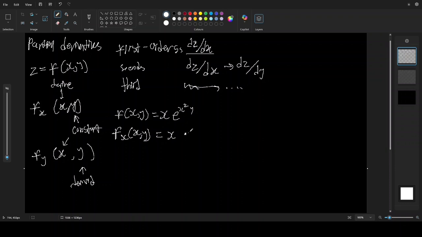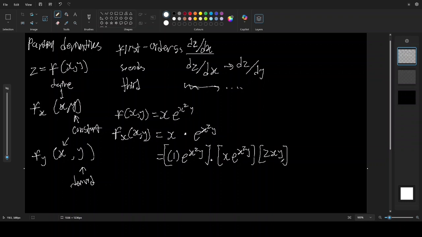So the x here is derived and becomes 1, and this part is left as a normal one: e^(x^2 y). Then it's still x e^(x^2 y), and since the exponent is derived with respect to x, it will be 2xy.